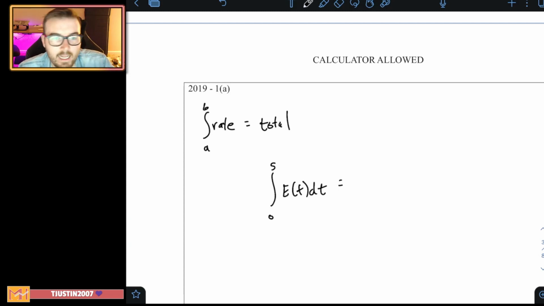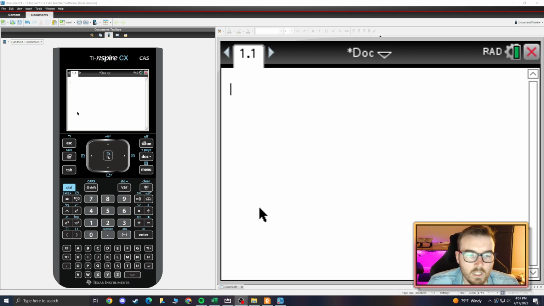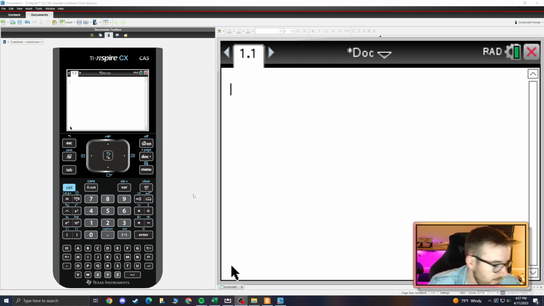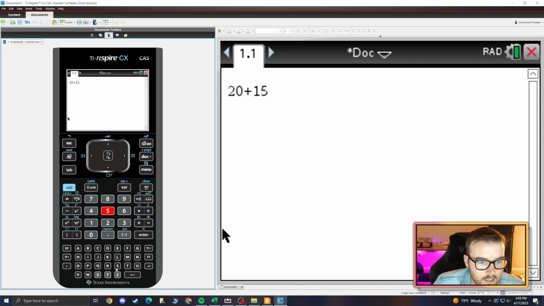So let's go ahead and plug that into the calculator. I've got the calculator pulled up here, and I want to save E of t. I've got the question pulled out here as well, so I'm going to just type it on the screen, and if you've got it printed out too, then you can reference that. I'm going to type 20 plus 15 times sine of parenthesis.